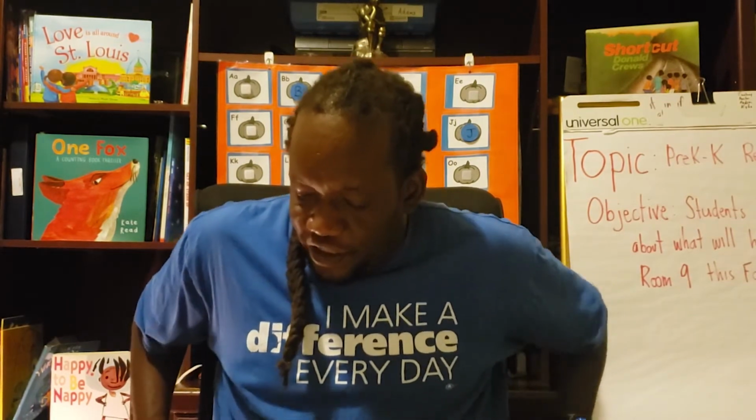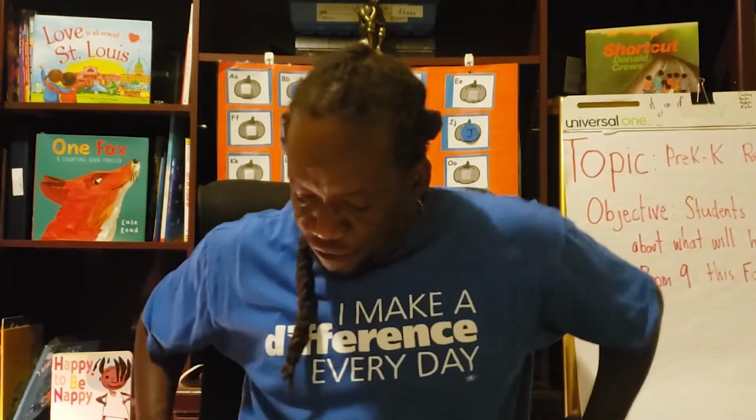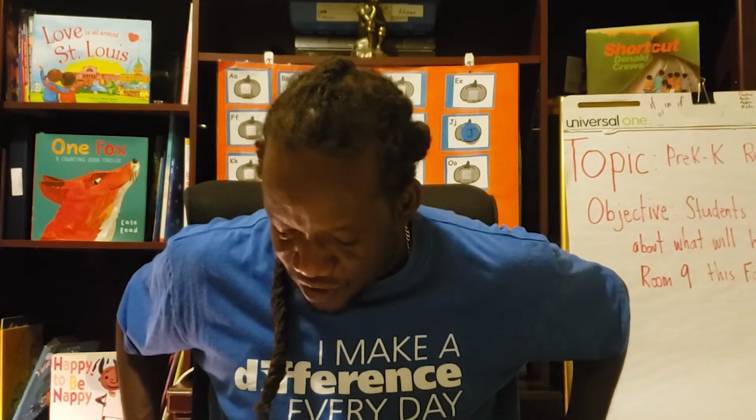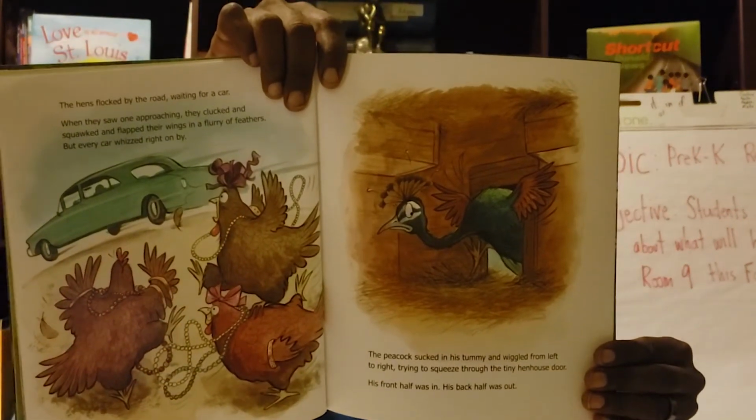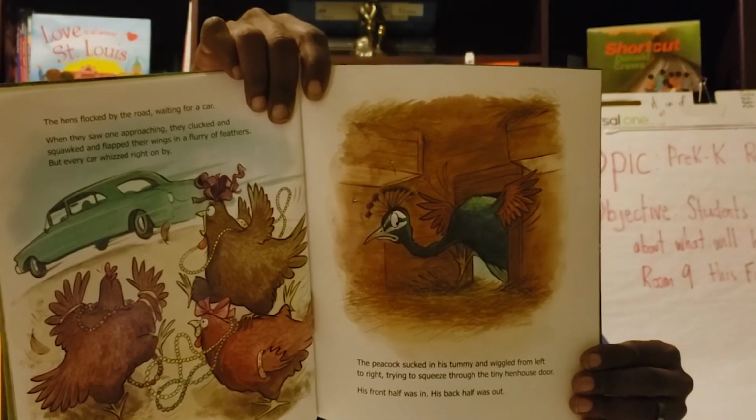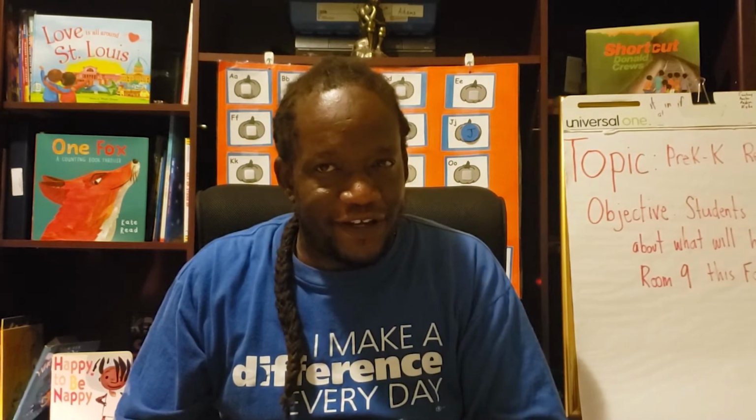The peacock sucked in his tummy, wiggled from left to right, and tried to squeeze through the tiny hen house door. His front half was in, but his back half was out. Did the hens get the cars to stop? No. Could the peacock fit in the hen house?